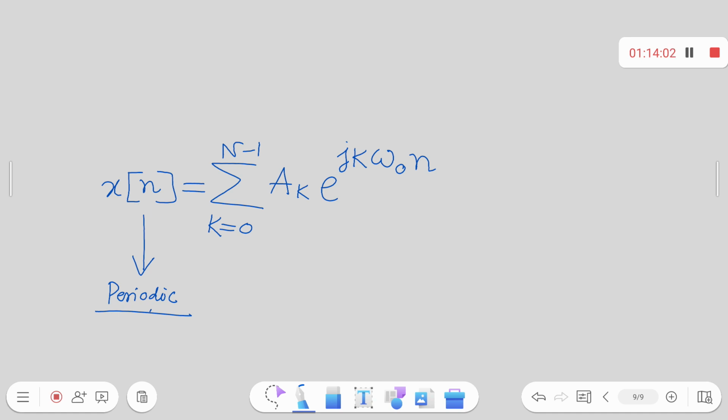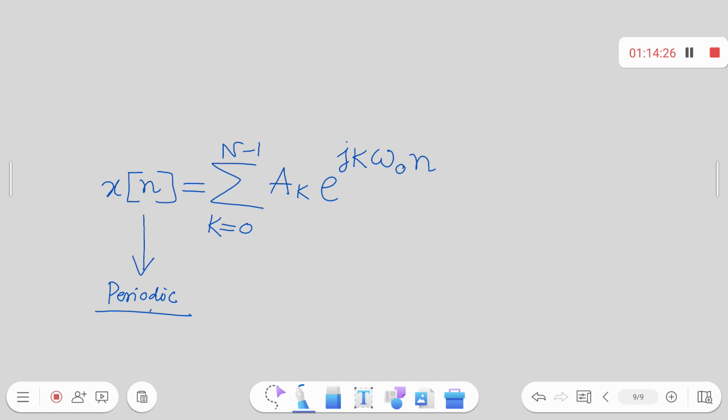So out of these four different combinations, continuous, discrete, periodic and aperiodic, now we have considered the periodic discrete case, and this representation is known as the discrete time Fourier series representation of any arbitrary signal.